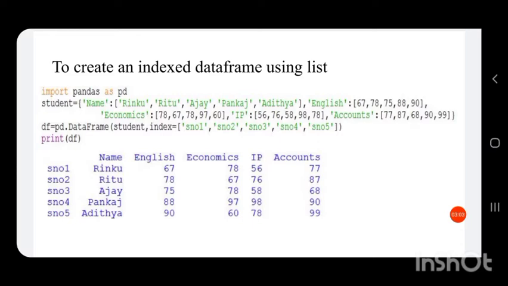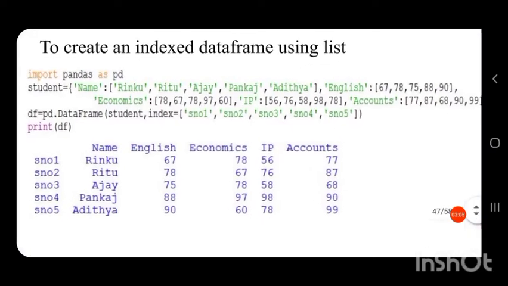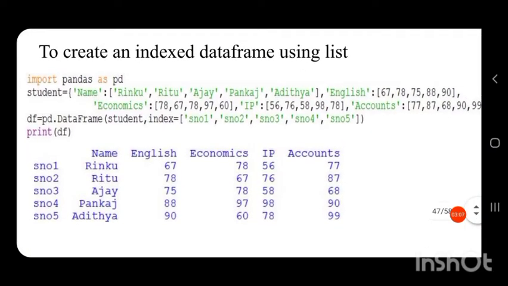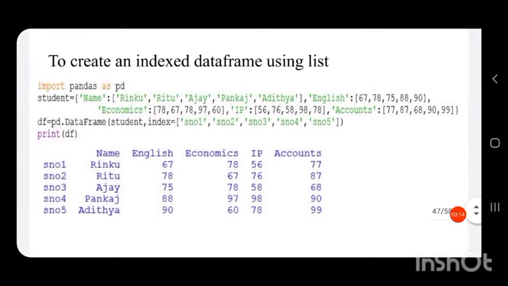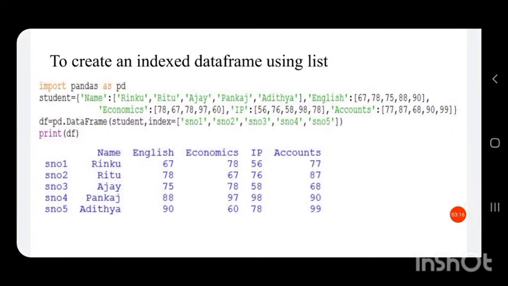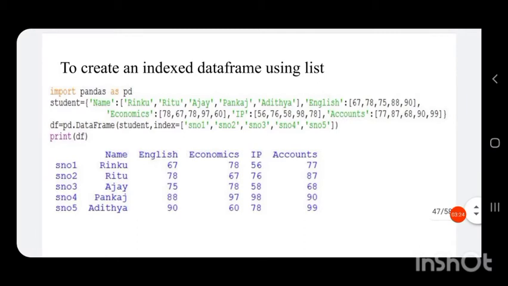When we print this data frame, the row indices are replaced with the values given in the list. So we can create an indexed data frame using a list, by providing the index values in a list, or by providing the index parameter in the data frame function. The index parameters are provided using a list.